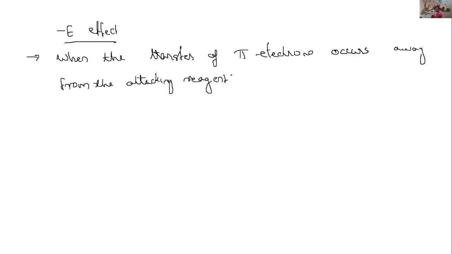When the transfer of pi electrons occurs away from the attacking reagent, it is called a minus E effect.